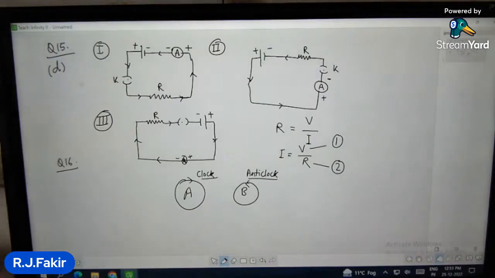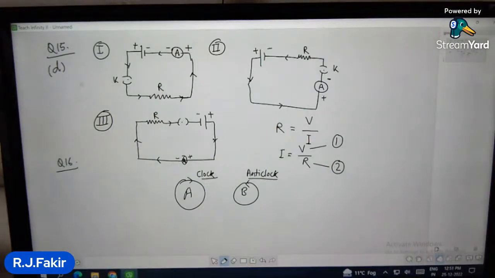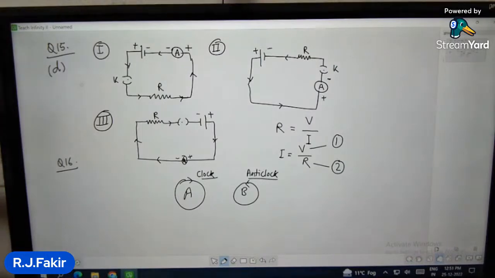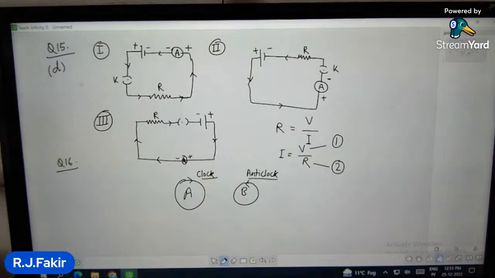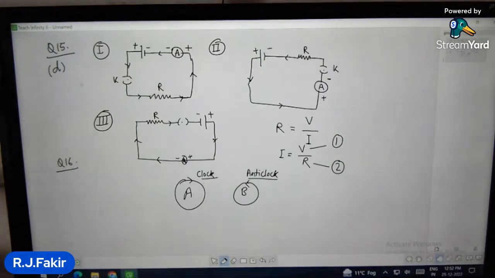The magnetic field lines from B to A, the north pole of the resultant magnet is on the face close to. First option is A, second option is B, C option is A if the current is small, B if the current is large, and D option is B if the current is small and A if the current is large.